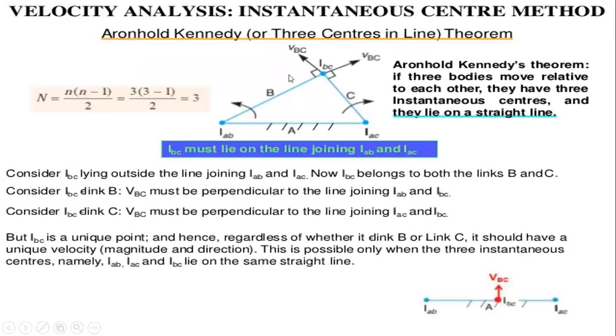According to our usage, we are going to get the third instantaneous center also on the same line, that is the IAB and IAC line. Either clockwise or anti-clockwise, we move it to any one of the two sides.